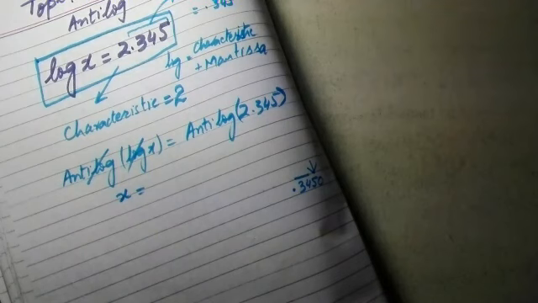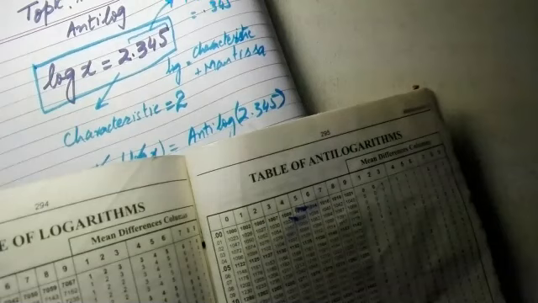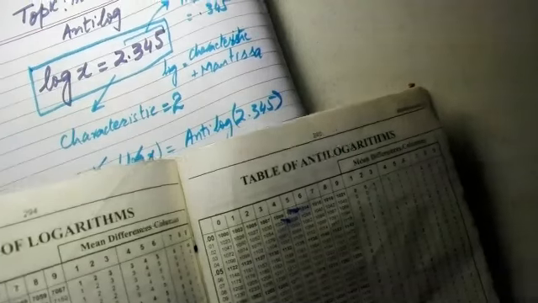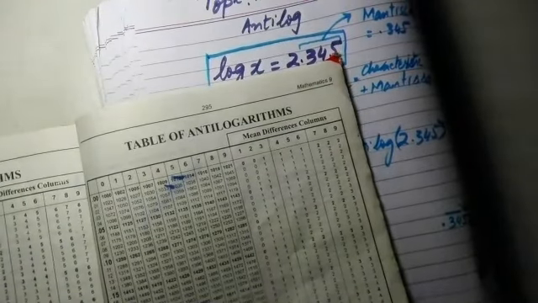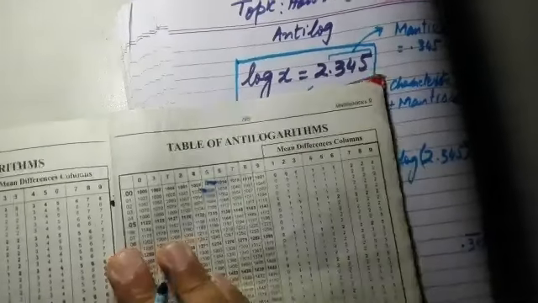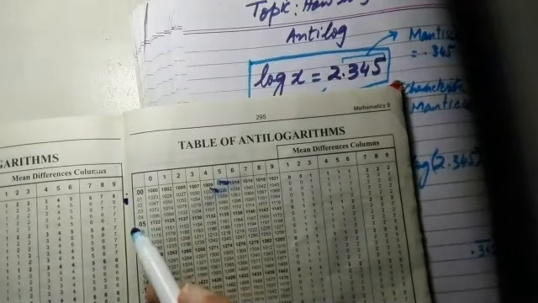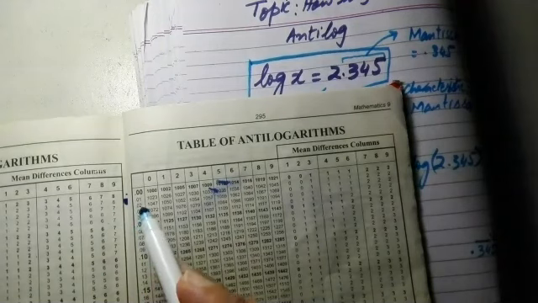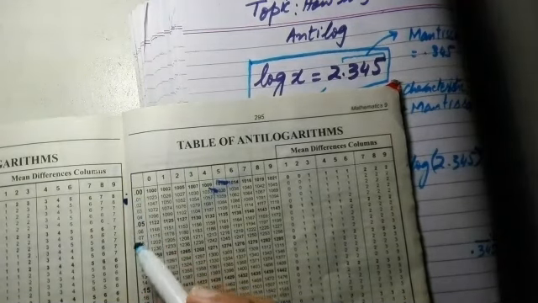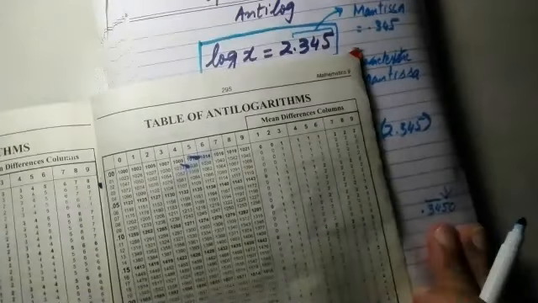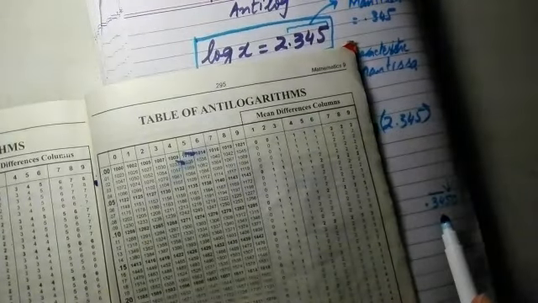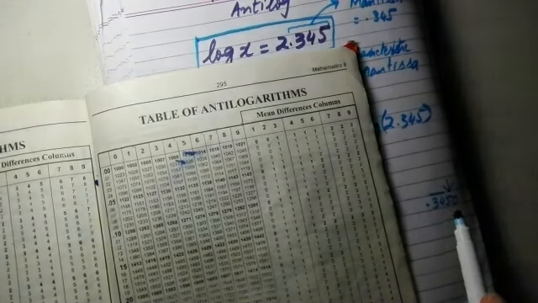This is the anti-logarithm table. It begins from 0.00 in the very first column on the left-hand side, and it keeps on increasing. So we have to find the first two digits, 0.34, in this table.